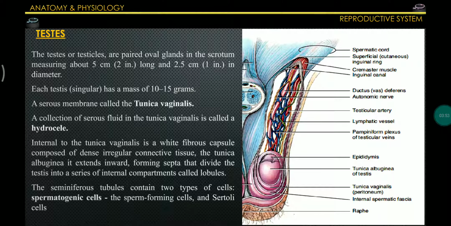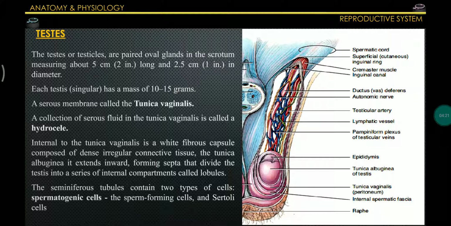Coming to the testes or testicles, they are a pair of oval glands which help in the production of sperm cells. A testis is lined by a serous membrane, called the tunica vaginalis.